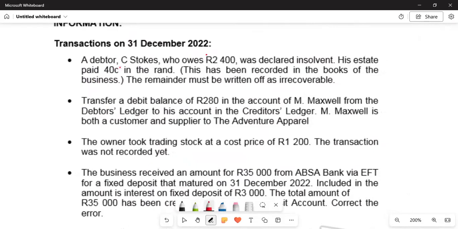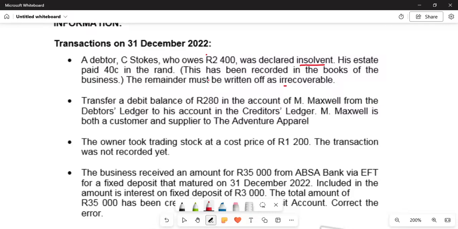A debtor, C Stokes, who owes 2,400, was declared insolvent, meaning a bad debt. His estate paid 40 cents in the rand. So this has been recorded in the books of the business. The remainder must be written off as irrecoverable.